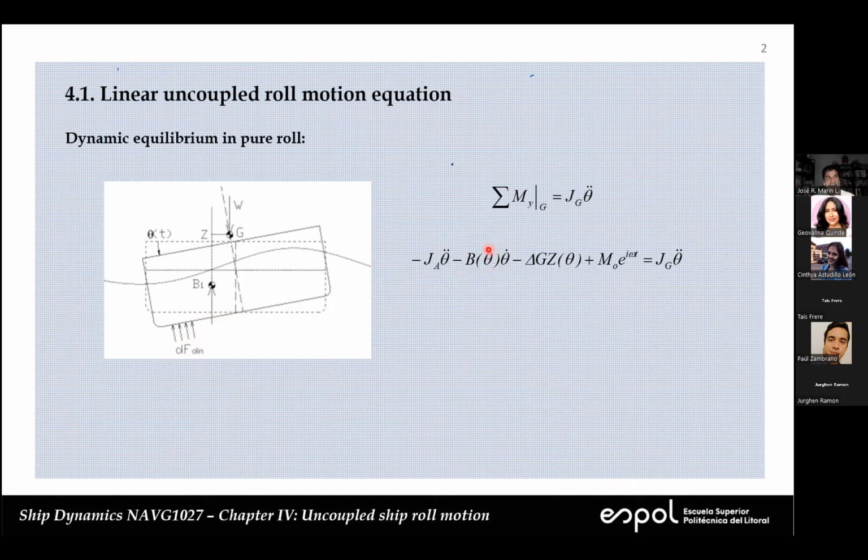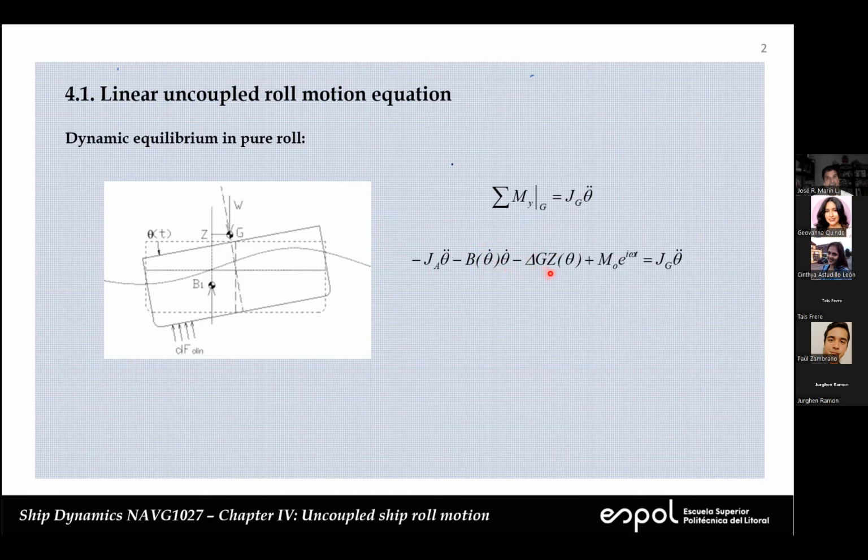And the damping can easily become a nonlinear factor. The constant of the damping, if you increase the velocity a little bit, will not be a constant anymore. So it will depend on the velocity. In general, we're going to linearize, but it's a good idea that you have this in your mind, okay?